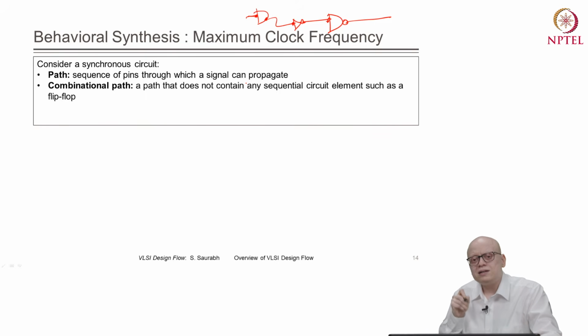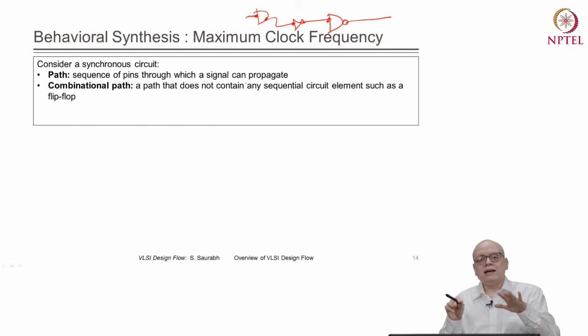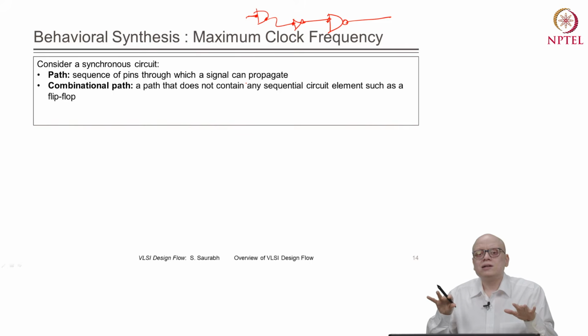Then there are sequential circuit elements, in which the output depends not only on the current input but on past sequences of inputs. For example, for flip-flops or latches, the output will depend on the past value that it got at the D pin when the clock came last, and so on. So combinational circuit elements are AND gates and similar elements, and sequential circuit elements are flip-flops and latches.